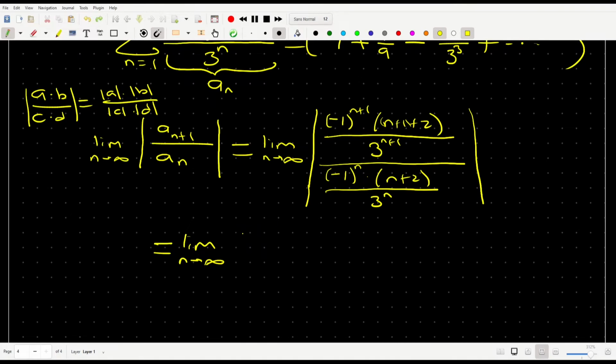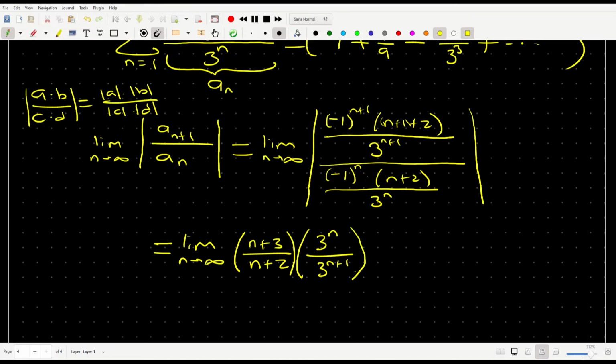This will be n plus 3 over n plus 2 times 3 to the power n over 3 to the n plus 1. Which can be simplified even further by taking a look at our limit law.